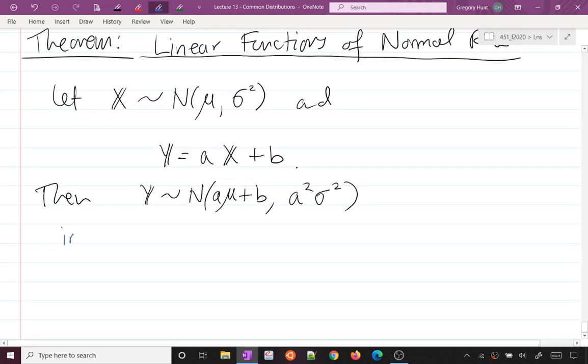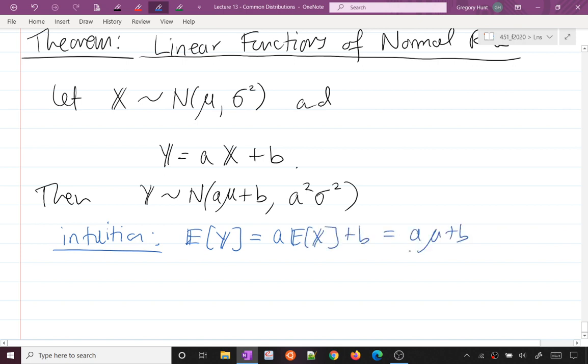So the intuition is that the expected value of y is going to be a times the expected value of x plus b, which is a mu plus b, and the variance of y is, of course, a squared times the variance of x by our rules about linear transformations and how variances change, which, of course, is a squared sigma squared.